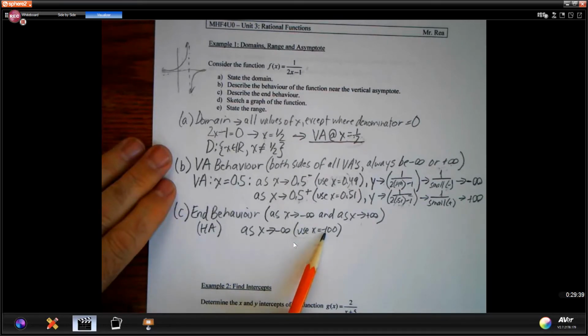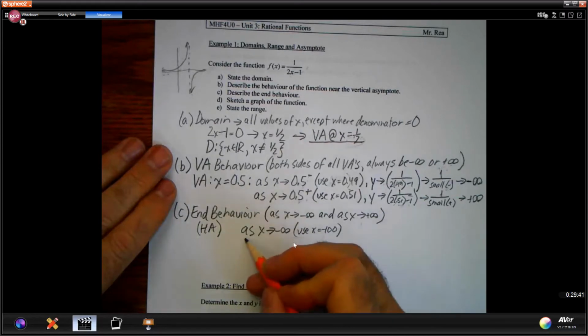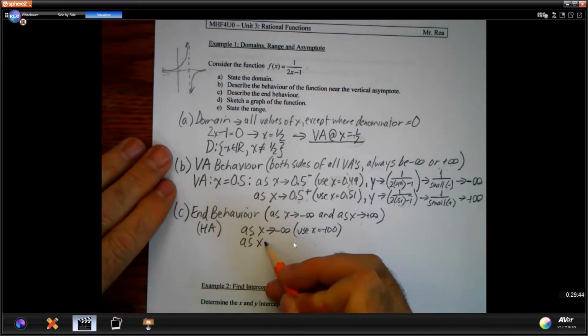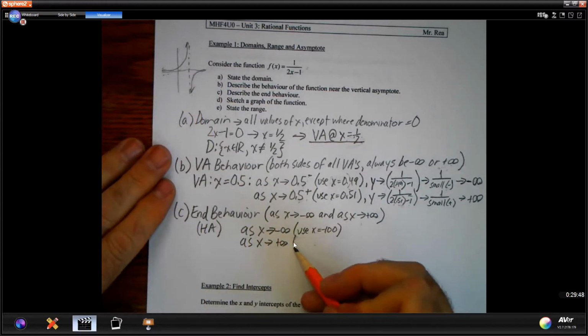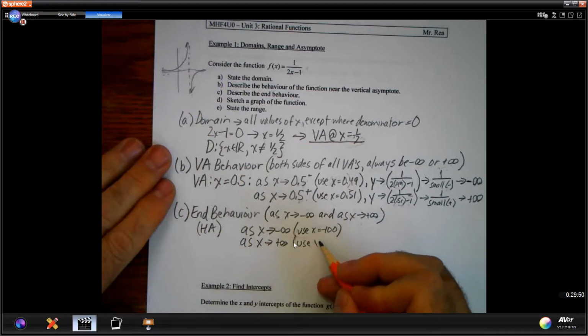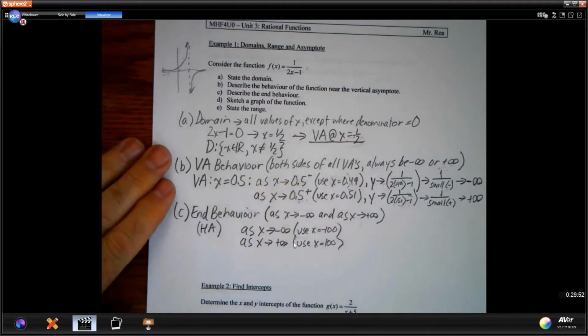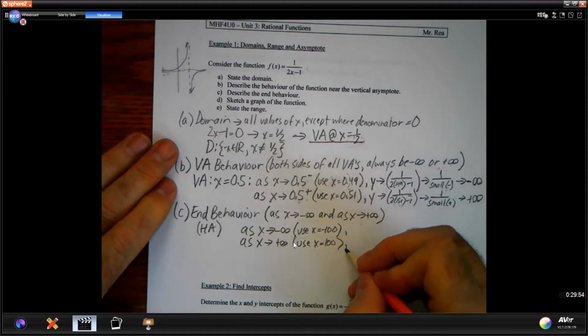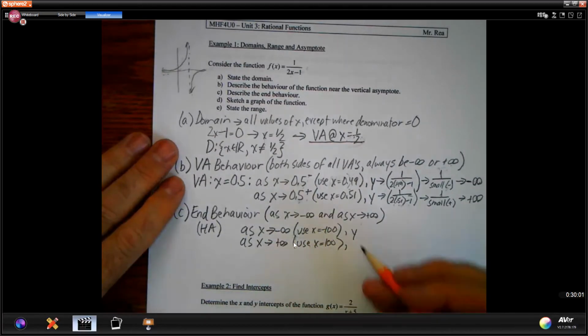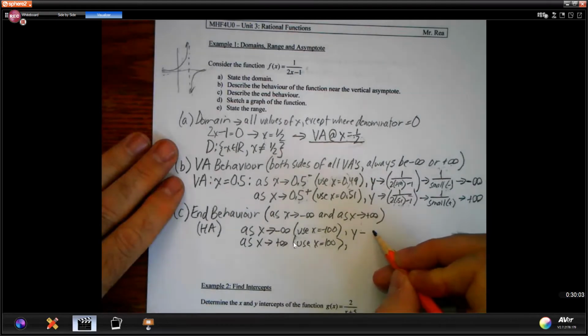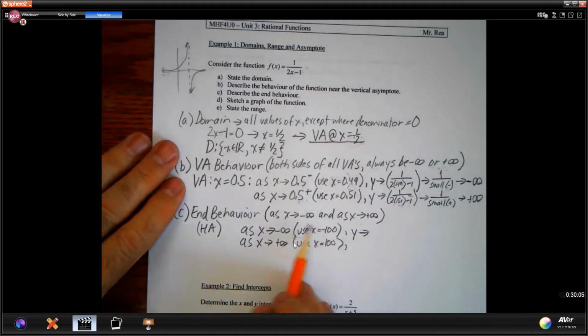So I like to use this number, and we're also going to do the other side as x approaches positive infinity. As x gets bigger and bigger, I'm going to use x equals positive 100. Okay, so let's look at the top one. If you plug in x equals negative 100, what is happening to the function?